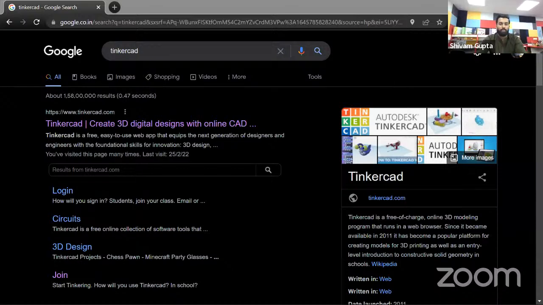All right, so students, I will also explain, if you have not used the Tinkercad platform before, how you can make your own account. For that, you just have to type Tinkercad on Google, and then there will be a link where it will be mentioned as Tinkercad, create 3D design or digital design with online CAD. So just click on it.